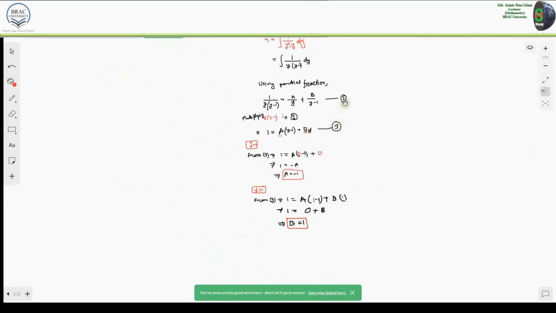So now we can input the value of a and b in equation 2.